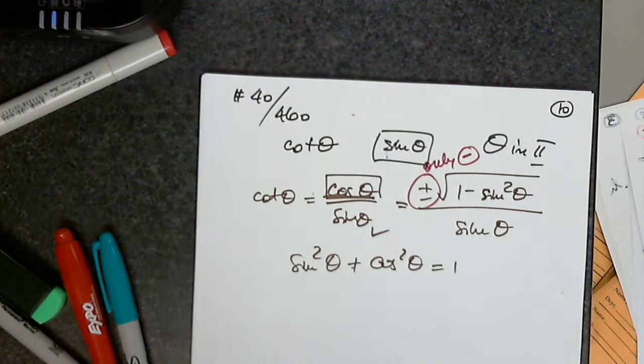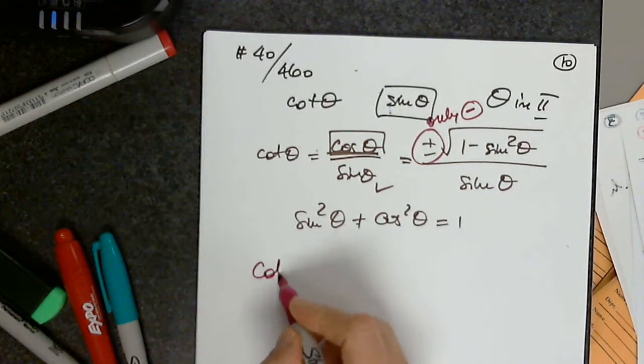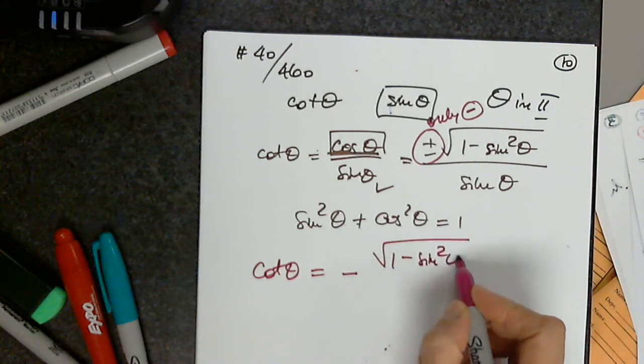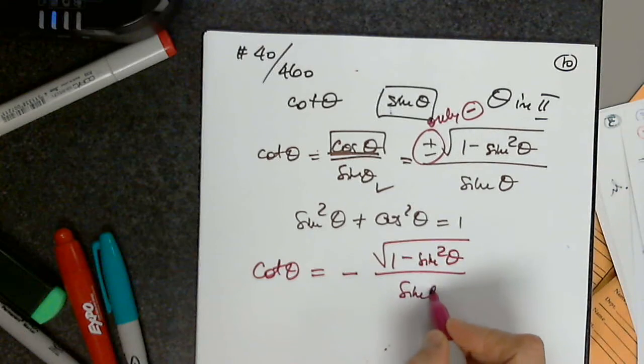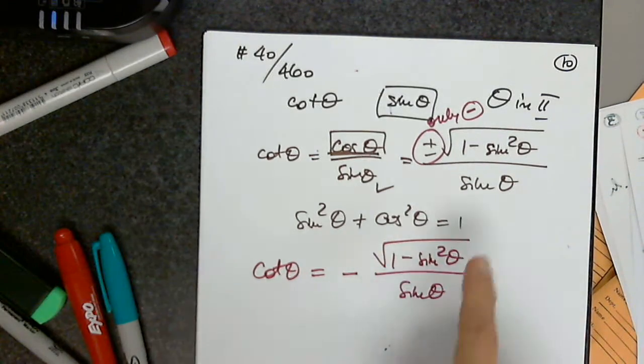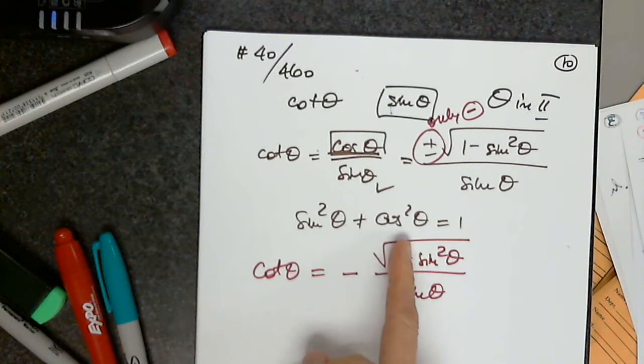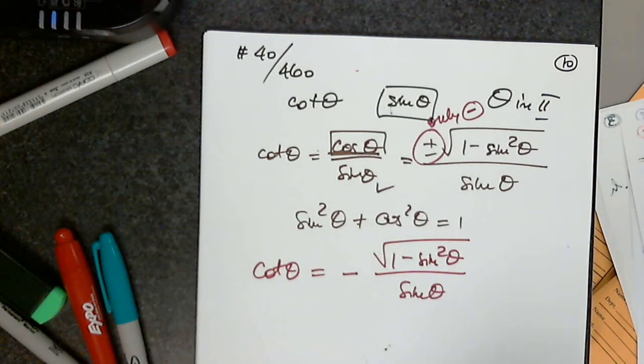So I expressed cotangent as negative the square root of 1 minus sine squared theta over sine theta. Is it clear how we determine this from this identity? So I moved sine squared to the other side and I took square roots from both sides. Since sine is already there, you're only solving for cosine. I cannot change sine. Yep.